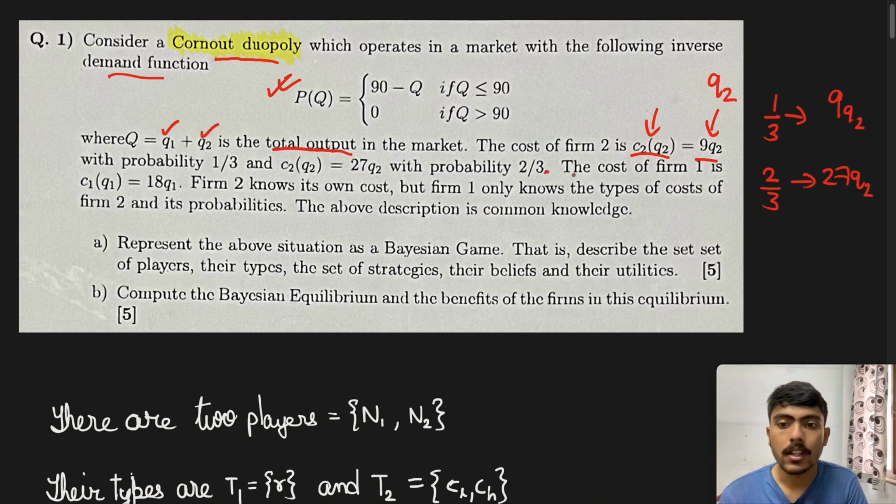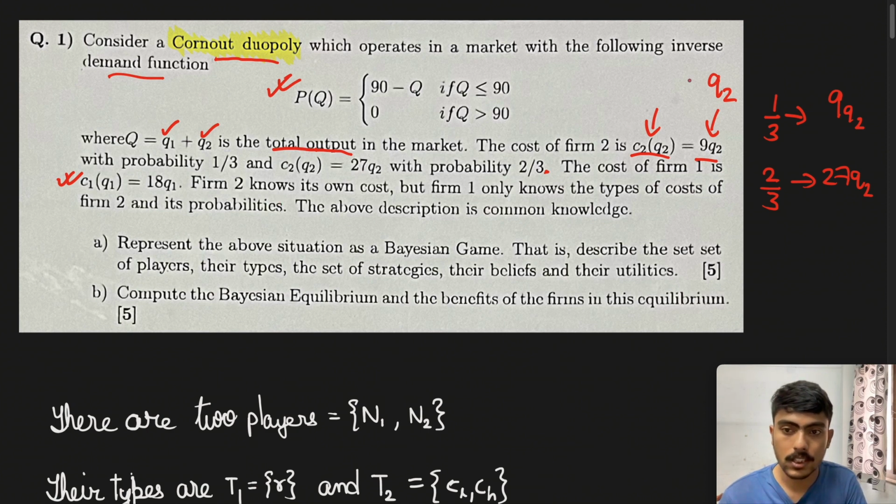Okay, then the cost of firm 1 is C1 of Q1, but here we see that there is no probability associated. This means that every time production occurs at firm 1, it occurs at a cost of 18 Q1, right? So firm 2 knows its own cost, but firm 1 knows only the types of costs of firm 2 and its probabilities.